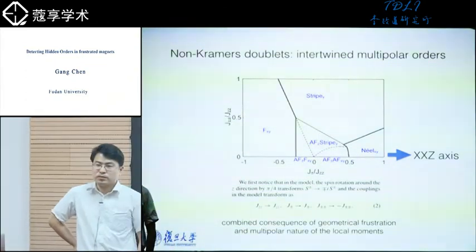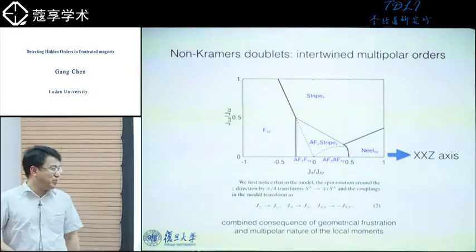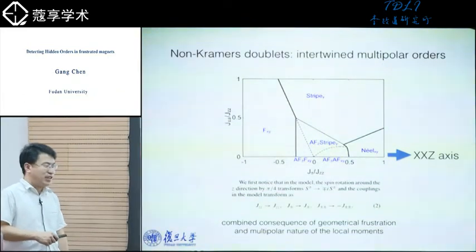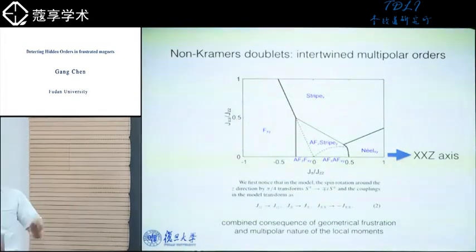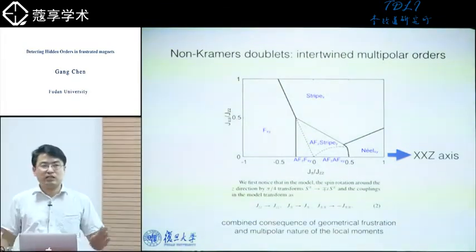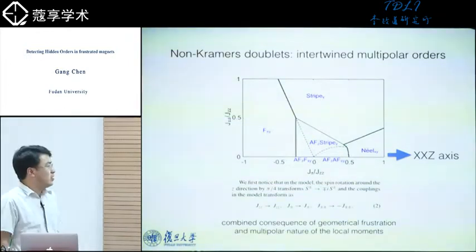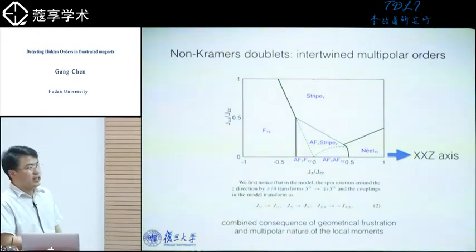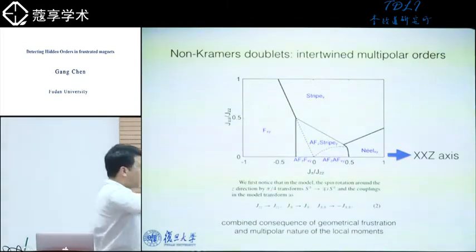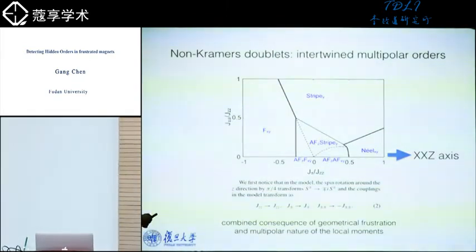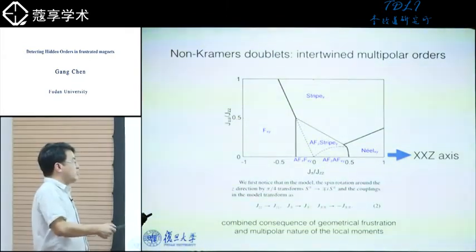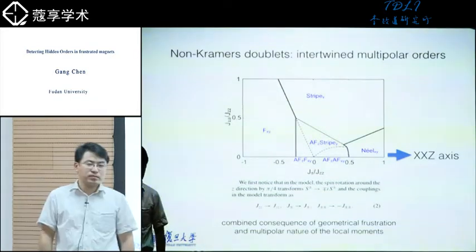Converting to the spin language, that's AFZ and FXY. So it has a ferromagnetic order in the XY plane and antiferromagnetic order in the Z direction, or on the other side, antiferromagnetic Z and FZXY. Away from this, we can do the mean field calculation and find the other phases.